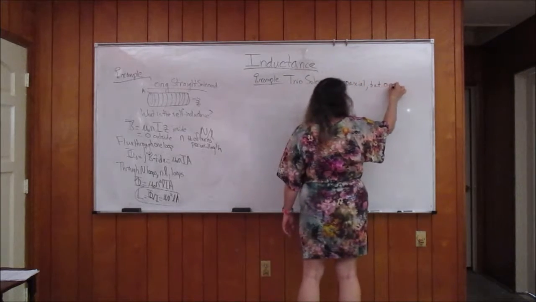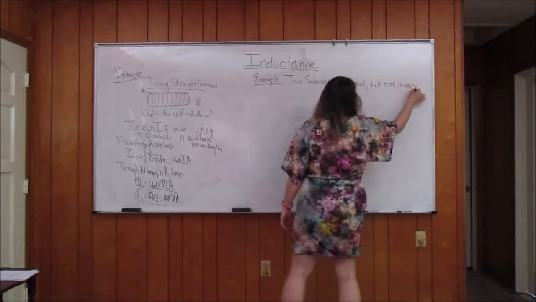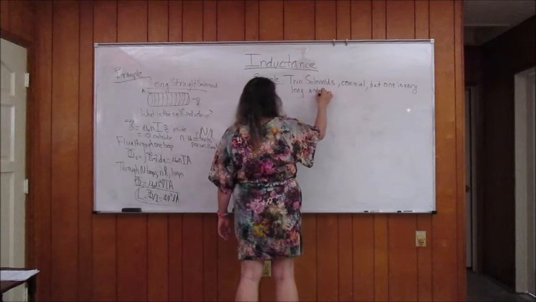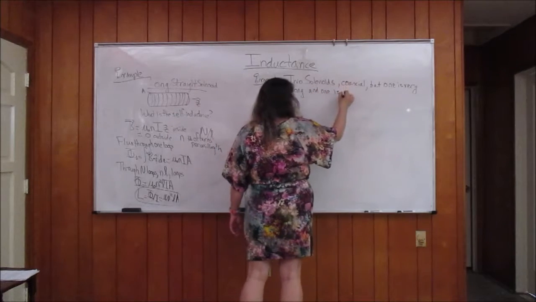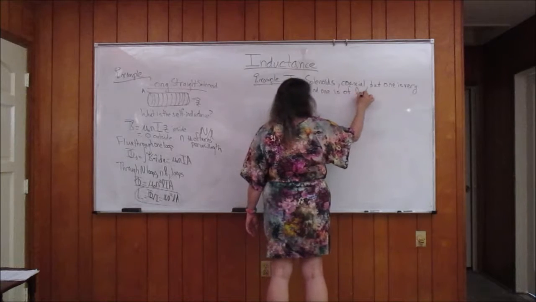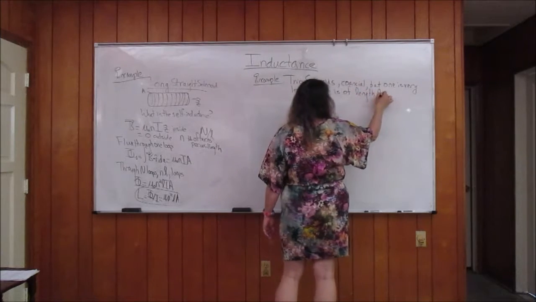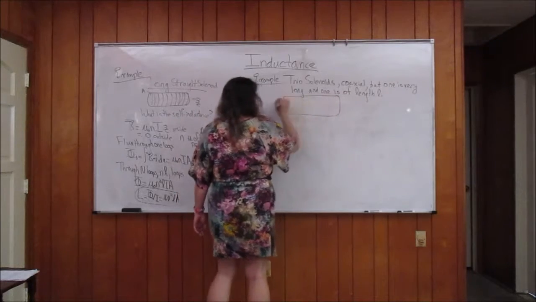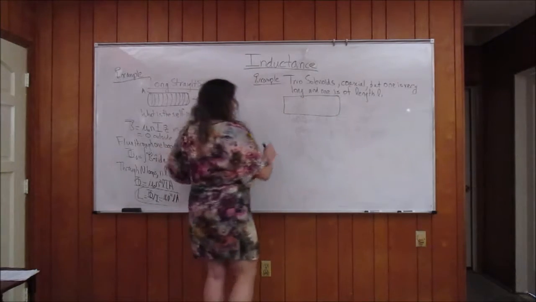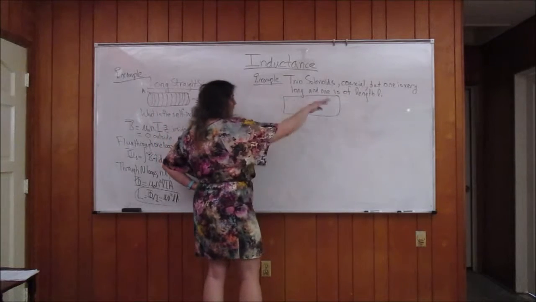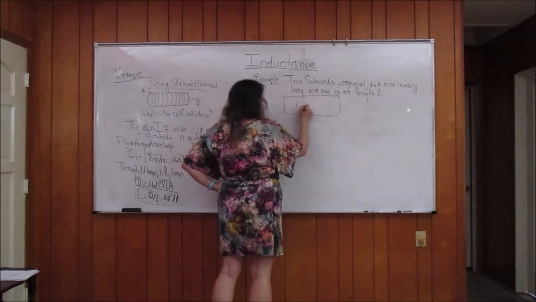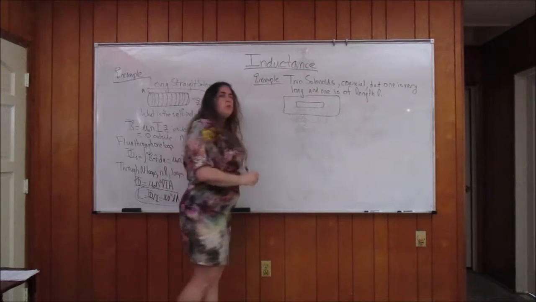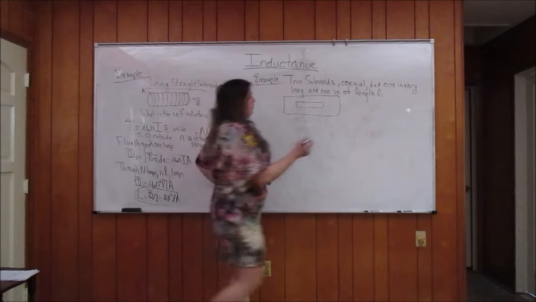One is very long, and one is of length l_i. So here's a very long outside solenoid. Imagine it goes off the board in both directions. And then we've got our smaller solenoid on the inside. I want to determine the mutual inductance between these two solenoids.